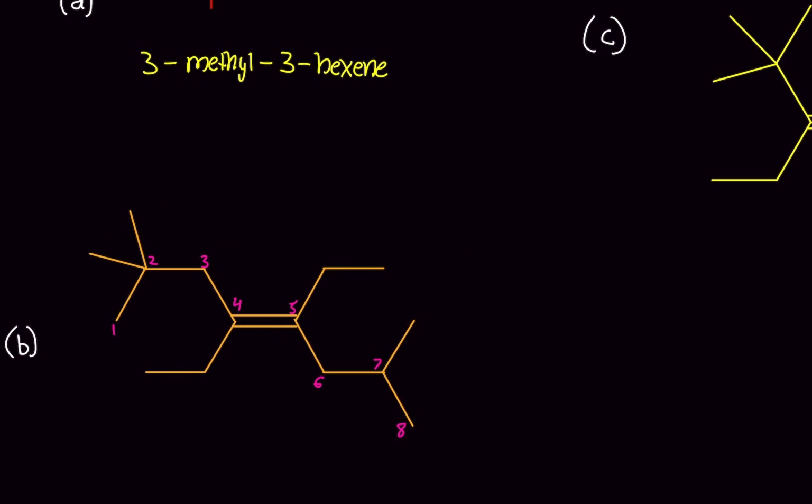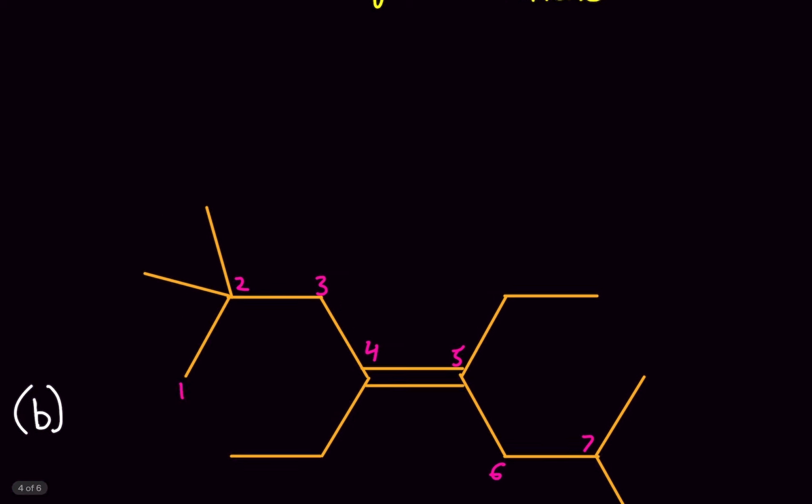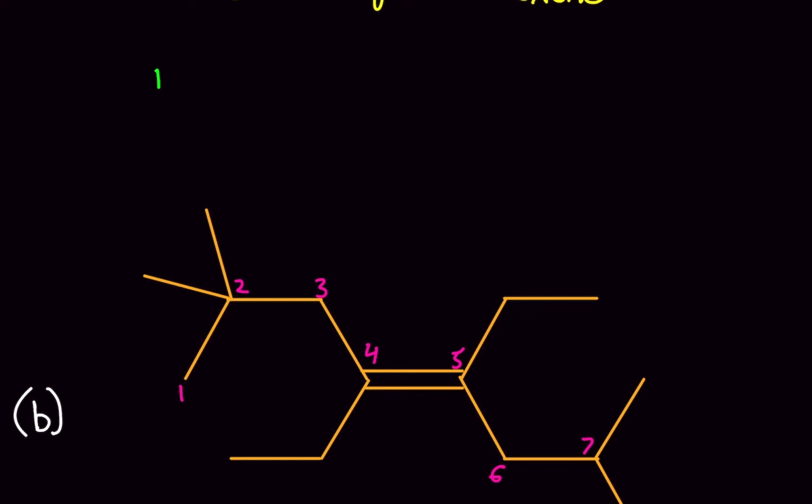So now we have to identify the substituents. What do we have here? We have carbon 2, and then we have 2 methyl. Carbon 7, we have 1 methyl.